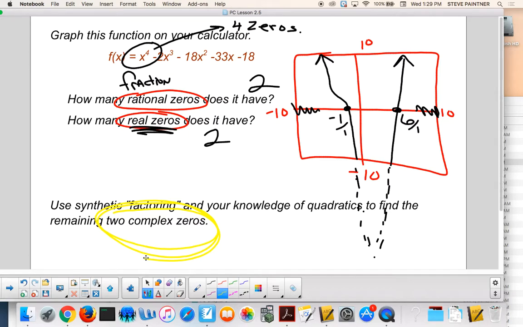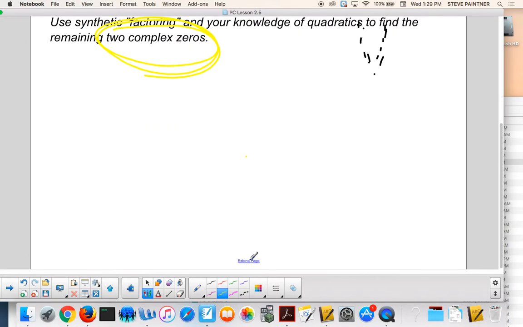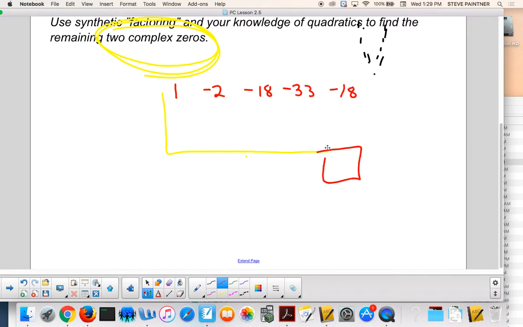You guys have to help me out because I can't remember those coefficients. Here we go. 1, -2, -18, and 18. And we know what's a zero? -1 and 6.